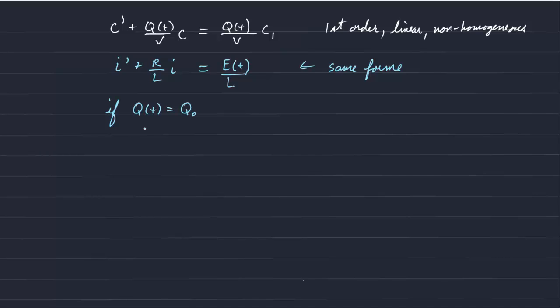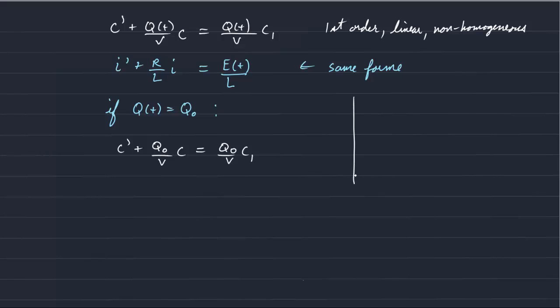And so our ODE becomes C prime plus our constant Q naught over V times C is equal to Q naught over V times C1. And this is the same form of our RL circuit if our voltage was constant.